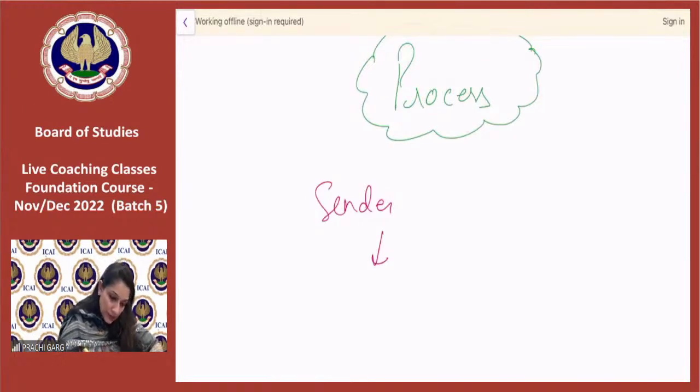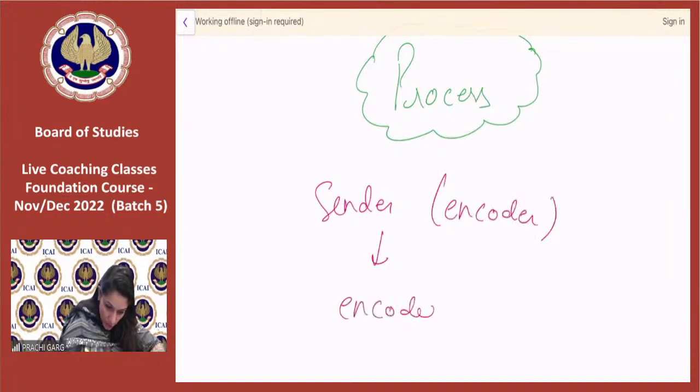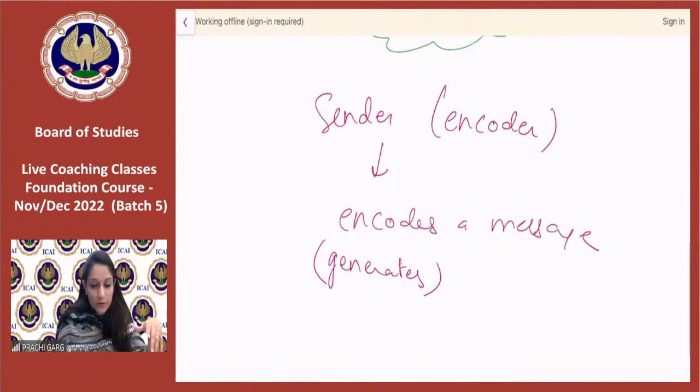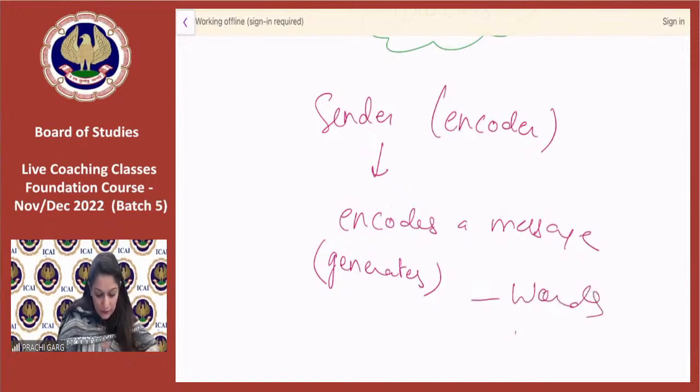The sender is also called the encoder. Generation means the sender makes the message, or thinks of the message, what needs to be said. Symbolically, it could be in any form: words, pictures, gestures, any form.